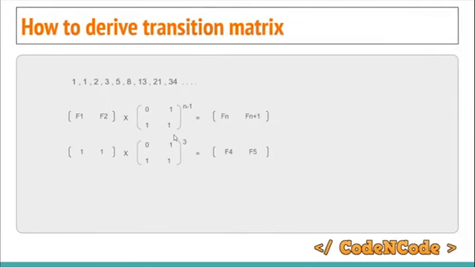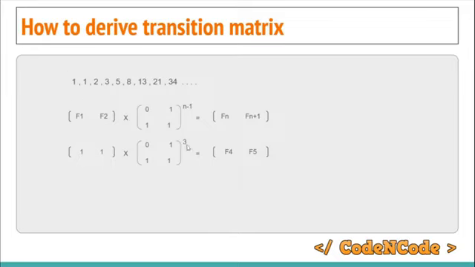To make things even clearer, we have seen that if I calculate this matrix raised to power n minus 1, I am going to get fn and fn plus 1. So to test it, just calculate with f1 and f2. I have replaced them with 1, 1 because f1 and f2 are 1, 1.